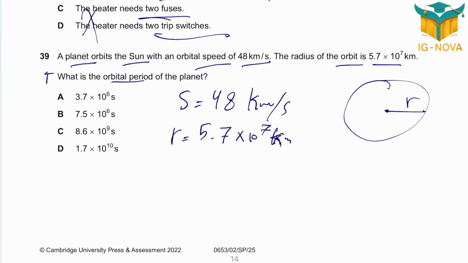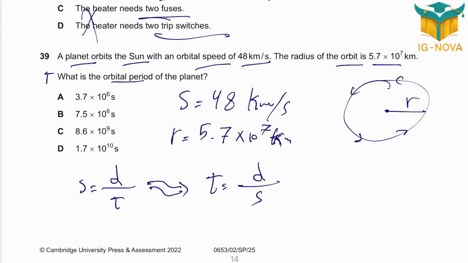From the rule, speed equals distance over time, so time is distance over speed, but the distance here is the orbital path, which is described by the circumference of the circle. The circumference is 2πr, don't forget. So it's 2πr over speed.